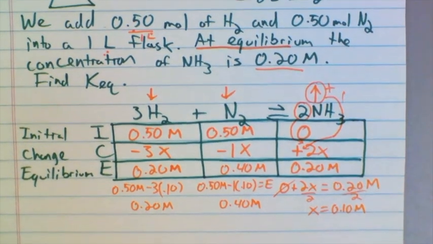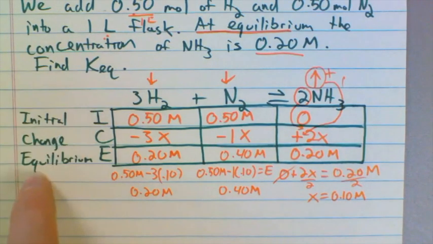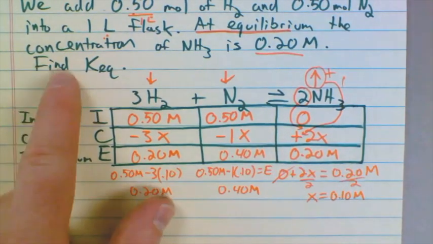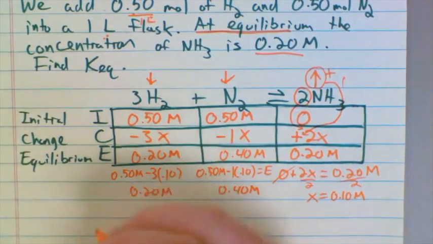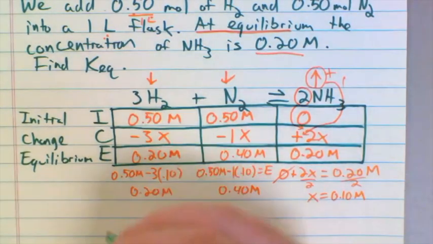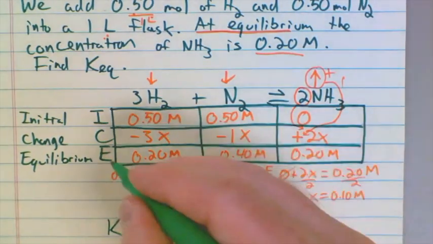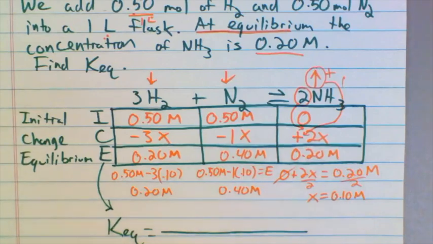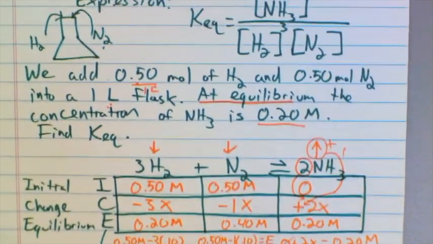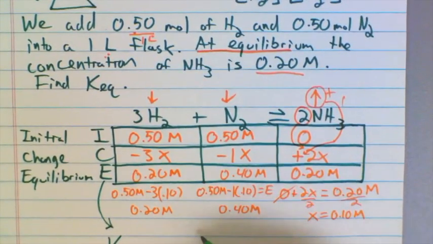Okay, now we have enough information to find the equilibrium constant. We need to have all these concentrations at equilibrium to figure this out. So now we can plug those numbers in to figure out our equilibrium constant. We'll use that initial equilibrium expression we developed up here. So what's going to go up top?